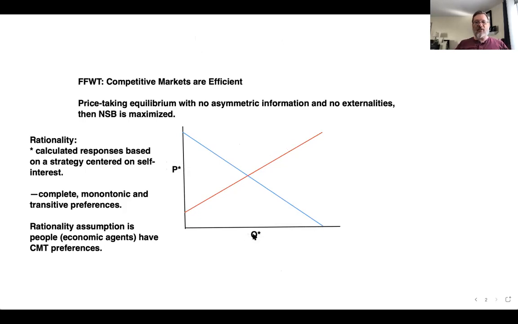And if we were going to demonstrate the first fundamental welfare theorem, and I want to put that there. Okay, then let me try to see if I can draw this a little bit.